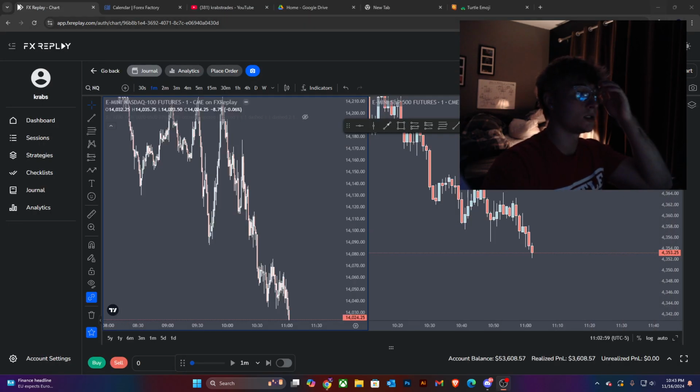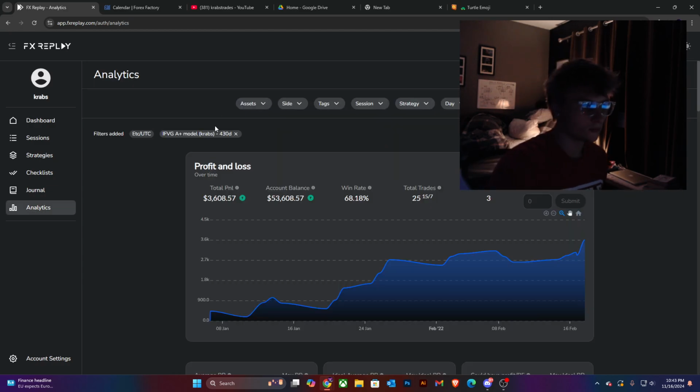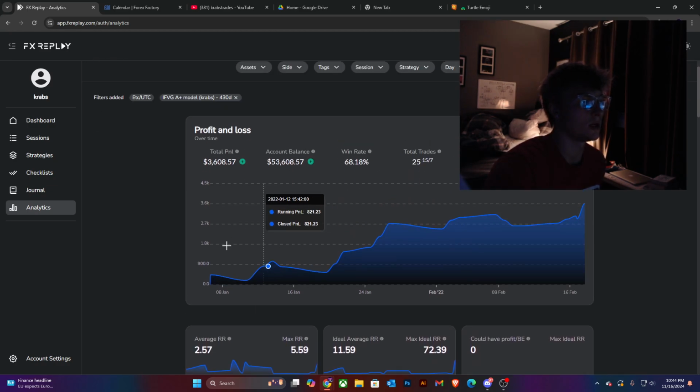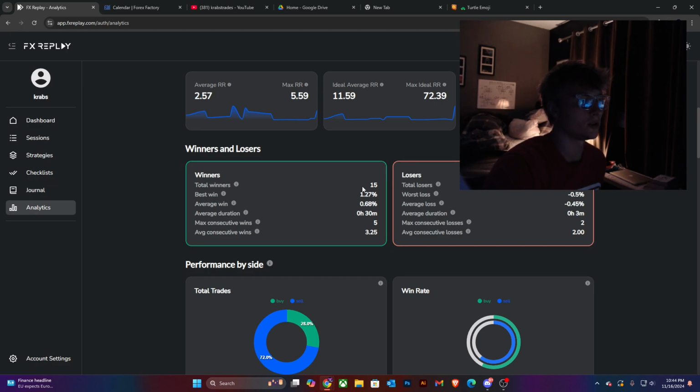Let's go to the analytics though. Win rate's sitting around almost 70%. Account balance, healthy equity curve. Average RR 2.5, max RR 5, ideal RR is 11, max ideal 72. That's cap. Winners 15, losers 7.